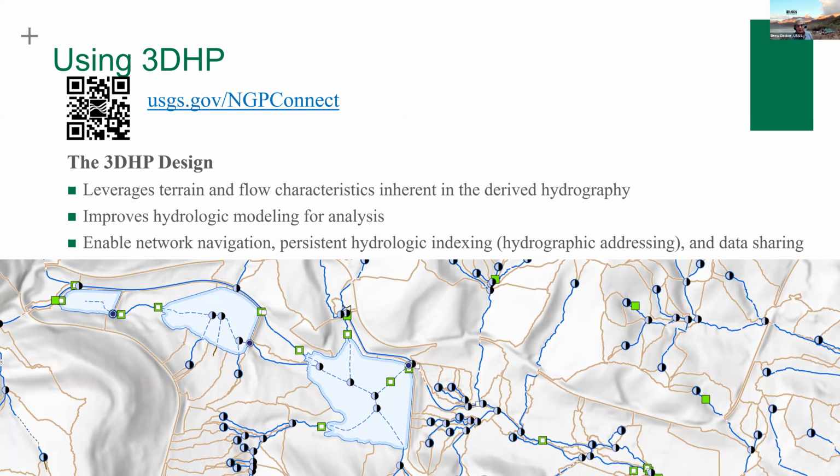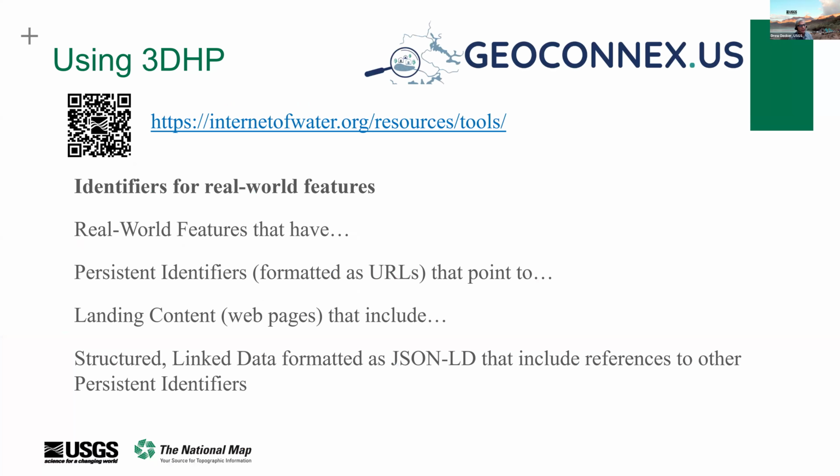3D-HP design leverages terrain and flow characteristics inherent in the derived hydro, and it improves the hydro modeling for analysis. It enables network navigation, persistent hydro indexing, such as hydrographic addressing and data sharing too.